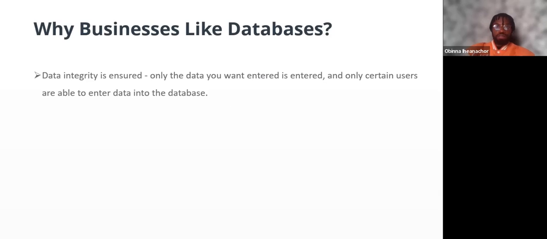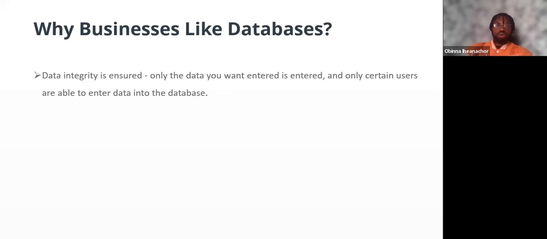And most times you have database administrators or data engineers that do all those changes. They update, write data and stuff like that. Then a data analyst or scientist will just have read-only rights. So you can only connect to and load data. You can't make changes. So it helps to ensure data integrity. So that's one reason why businesses like databases.